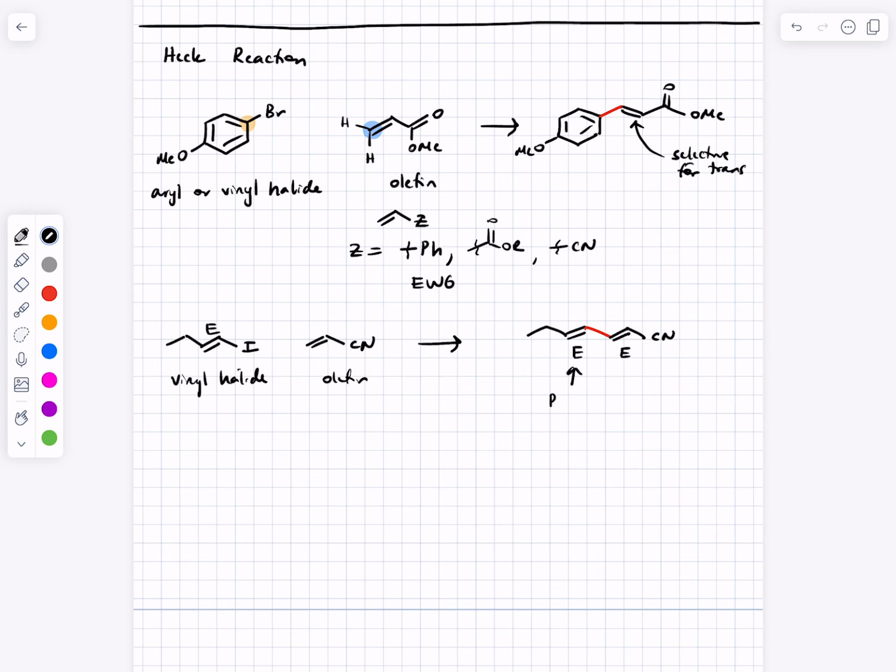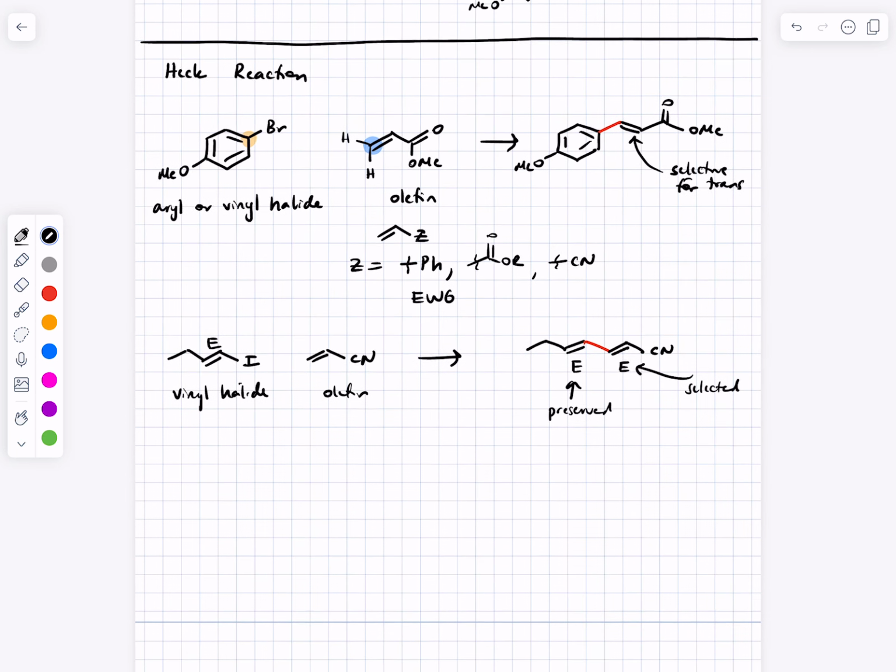So E selectivity in the vinyl halide is preserved, and E selectivity or trans selectivity in the olefin is now selected for by the conditions, by the reaction. The reaction favors E stereochemistry in the portion of the molecule that was the olefin. And again, this is a coupling reaction between the halide and the less substituted carbon of the olefin.